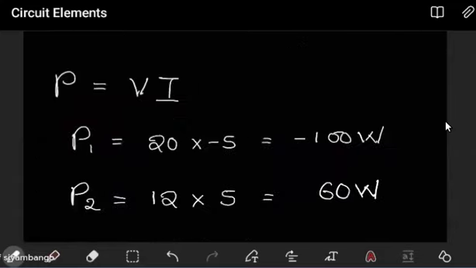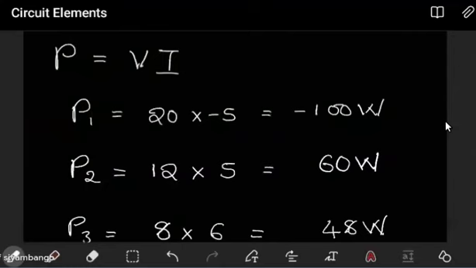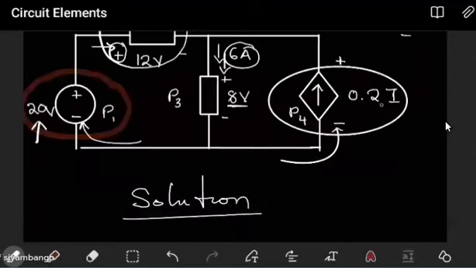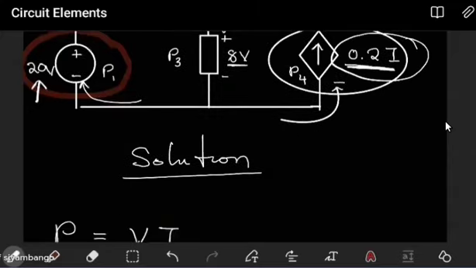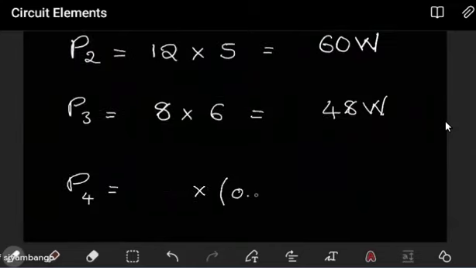Here we are multiplying whatever the voltage is with the current in the branch, which is the current supplied by the dependent current source, 0.2 multiplying I. But remember, we're finding it negative first, so this value has to be negative.